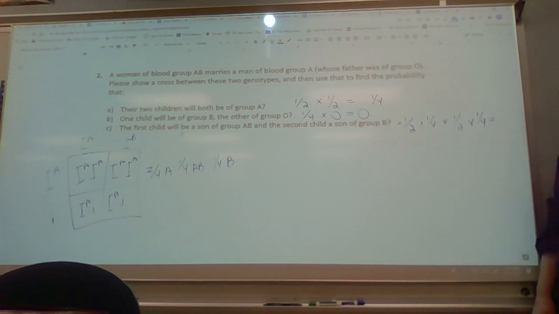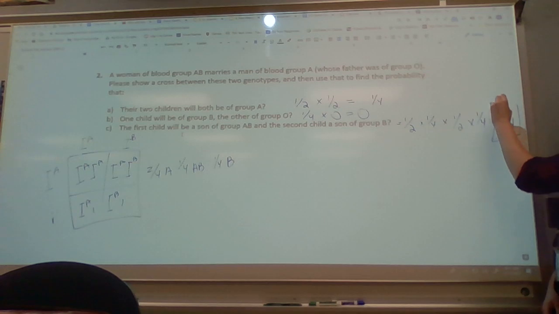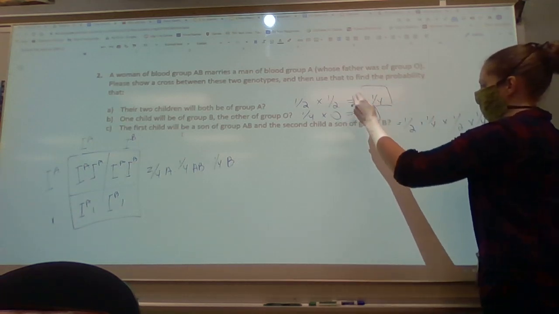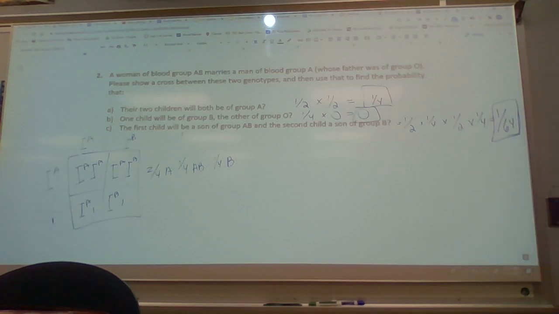So 2 times 4 is 8, times 2 is 16, times 4 is 64. Questions on that? So you can do all kinds of probabilities just by multiplying each singular probability together, right? That's kind of the point of that problem.